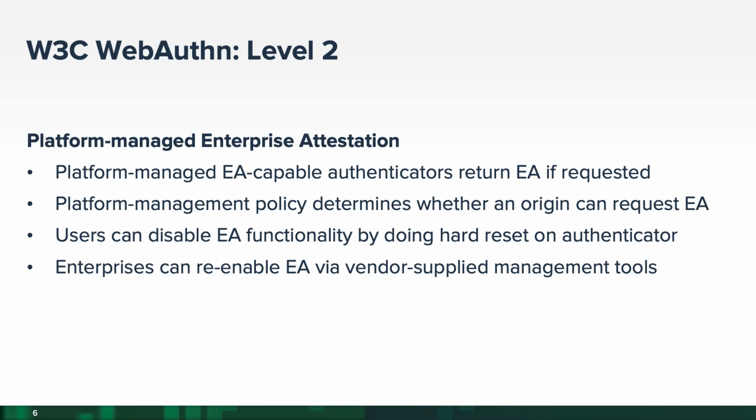If you're on a managed platform, the relying party can see what the serial number of the device is, and/or the public key of the attestation for that specific device. So it gives the enterprise far greater ability to manage individual devices.